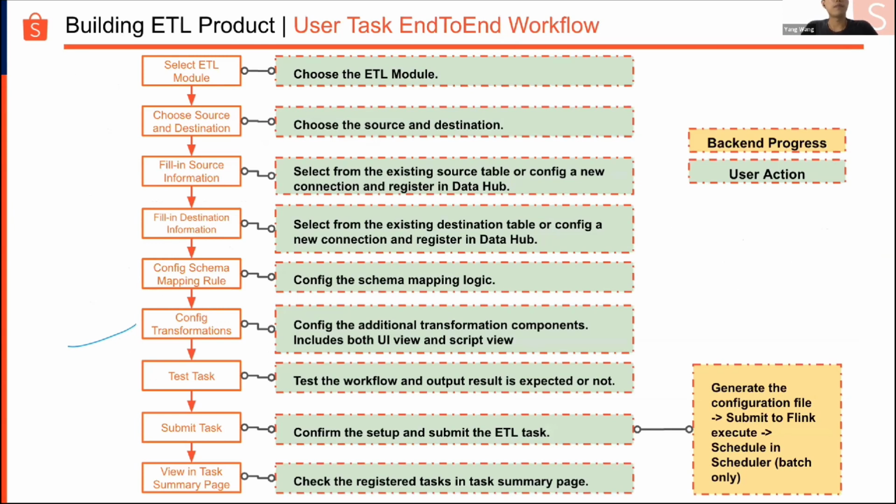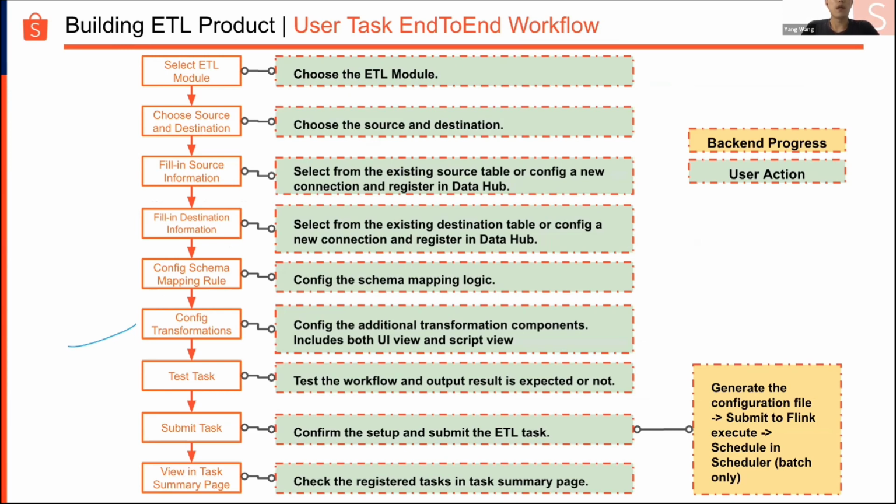From users' perspective, let's walk through how they create an ETL pipeline. Since it's a personalized feature, it will be a bit more complex than common ingestion tool. Apart from choosing and setting source and sync information, users have to configure and check schema mapping rules between source and target tables.